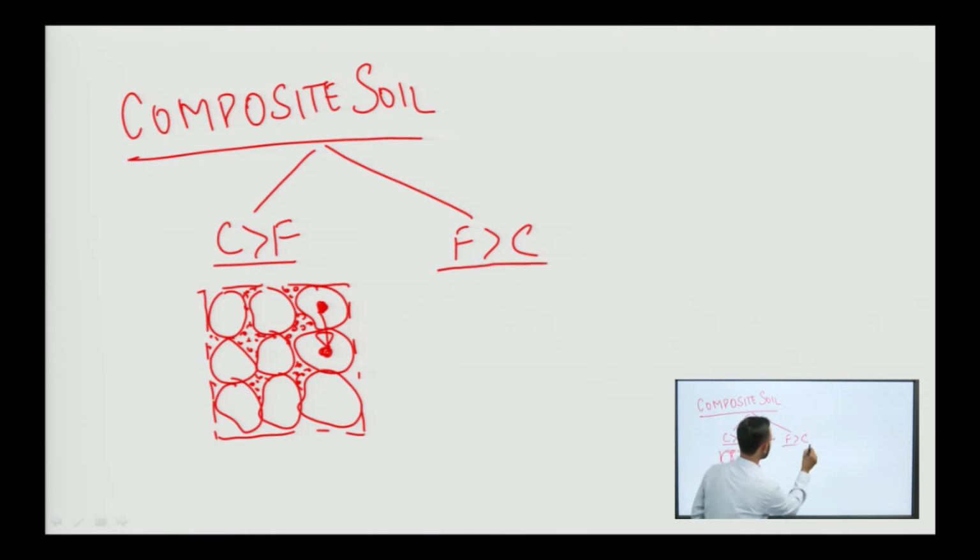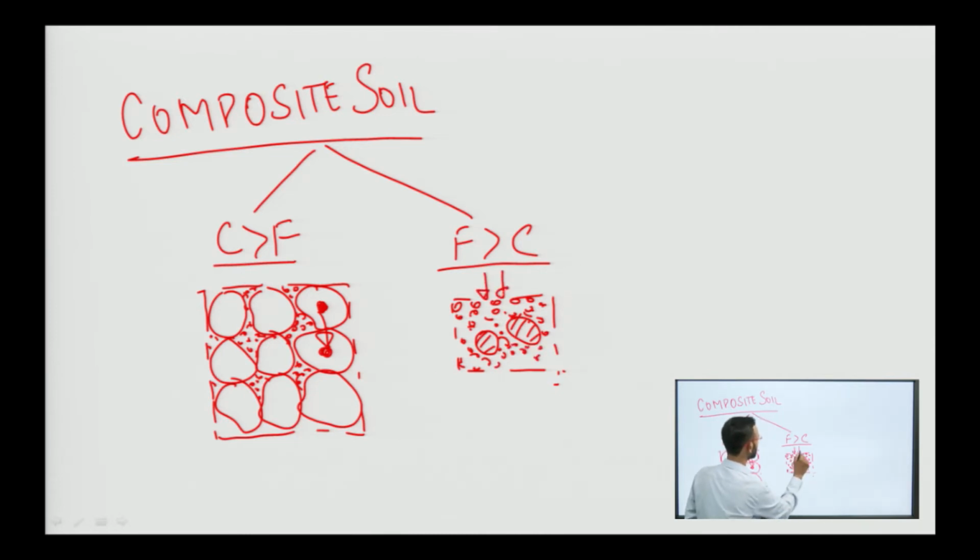When we talk about the fine grained fraction being greater than coarse, let us say in a particular volume there is some coarse grained and the rest is fine grained. So the major portion is fine grained, and fine grained will have a tendency of taking up higher loads. When the load is applied, it will absorb the load, so it will have high compressibility.